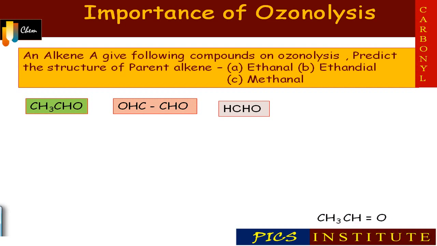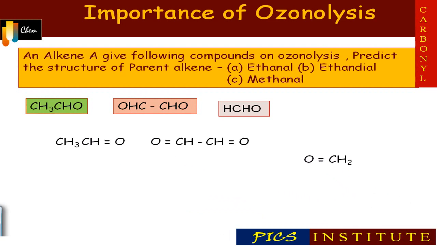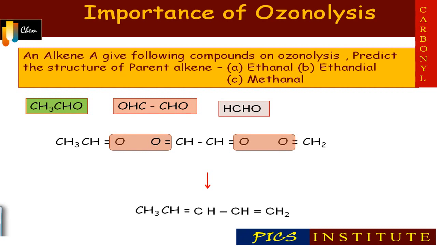Write them in such a manner that oxygen points towards each other. Now remove the oxygen and extend the multiple bond to get alkene. So in this way, we can understand the entire concept of ozonolysis.